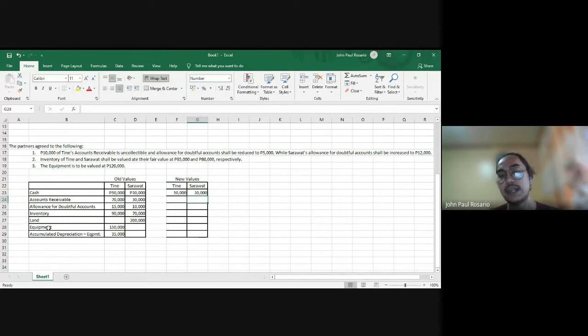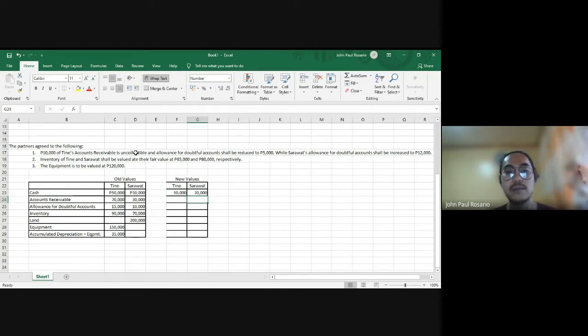So once they are contributed, they should be valued based on the hierarchy of partnership agreement, fair value or market value or net realizable value, and then the last one, which is the book value. So for your accounts receivable, it's said here that 10,000 of the accounts receivable is uncollectible. So when the term used here is doubtful pa lang, meaning you will not write it off.